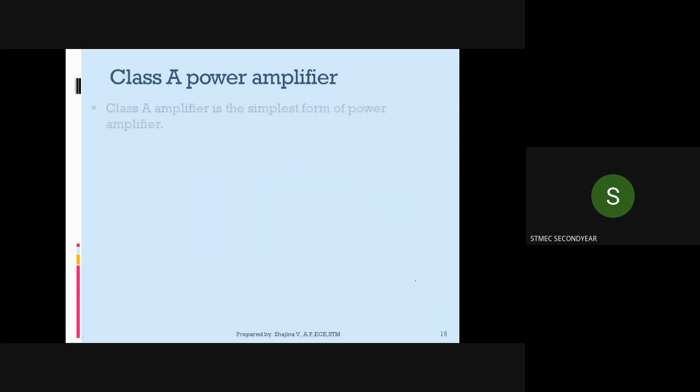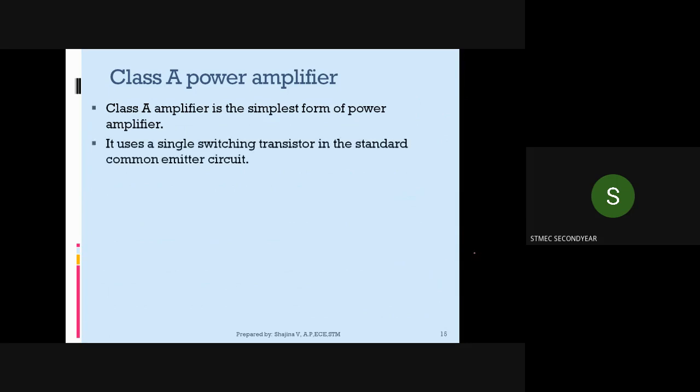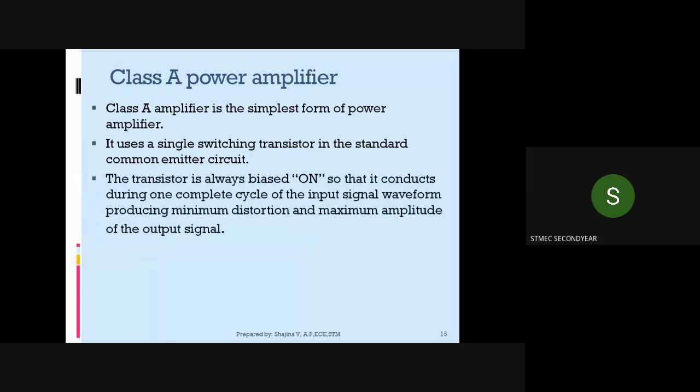Okay. So class A amplifier is the simplest form of power amplifier. It actually uses a single switching transistor in standard common emitter configuration. Okay, and the transistor is always biased on, so that it conducts during one complete cycle of the input signal waveform. That is, for the class A power amplifier, we already told the conduction angle is 360 degrees. So the transistor will be biased like that, it will always be on.